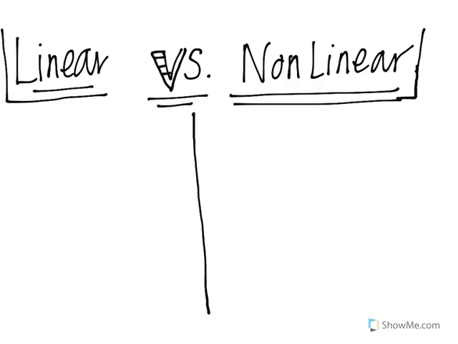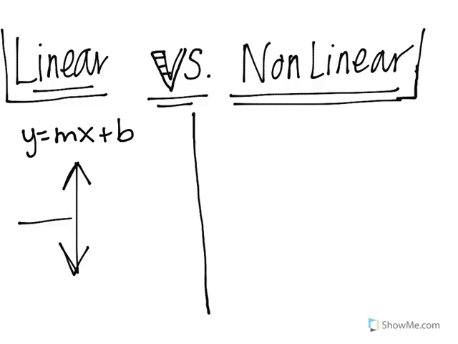Okay, when you're comparing whether they are linear or nonlinear functions, we learned that linear functions, when you're looking at an equation, are in mx plus b form, if it's linear. On a graph, linear equations make straight lines.